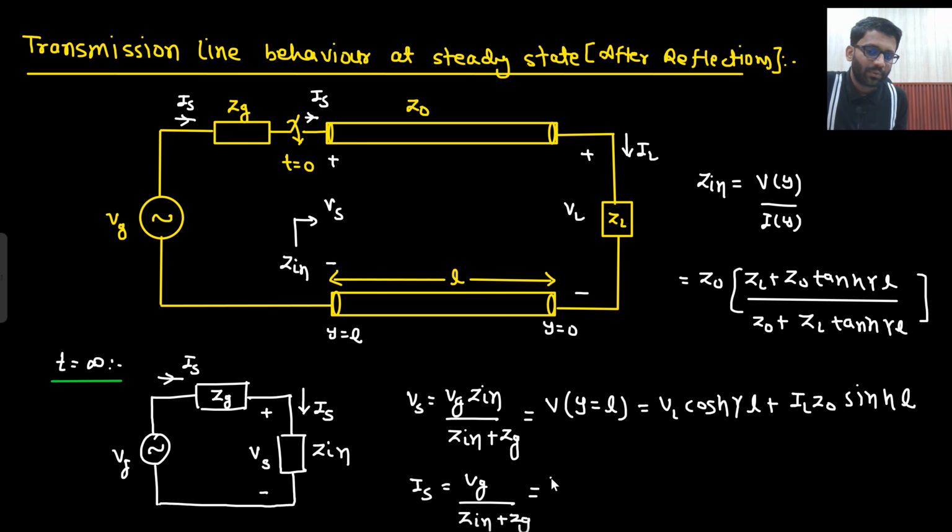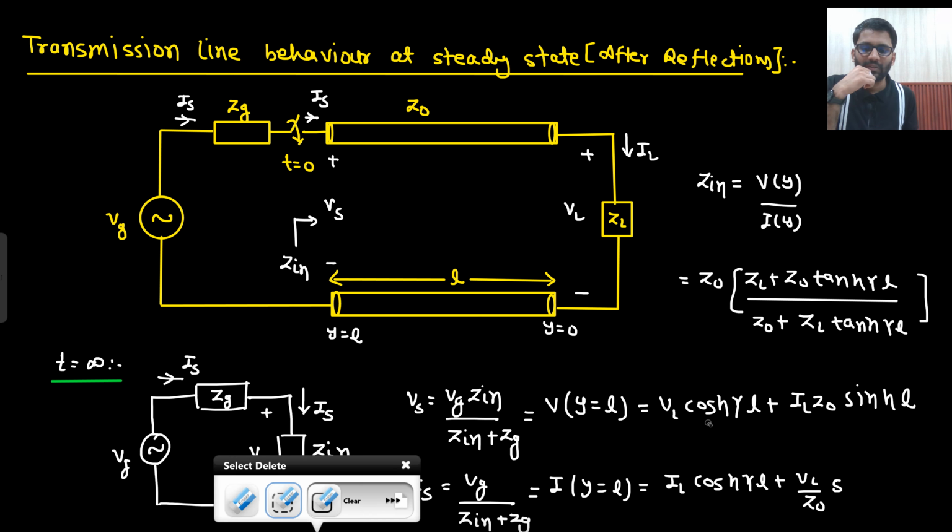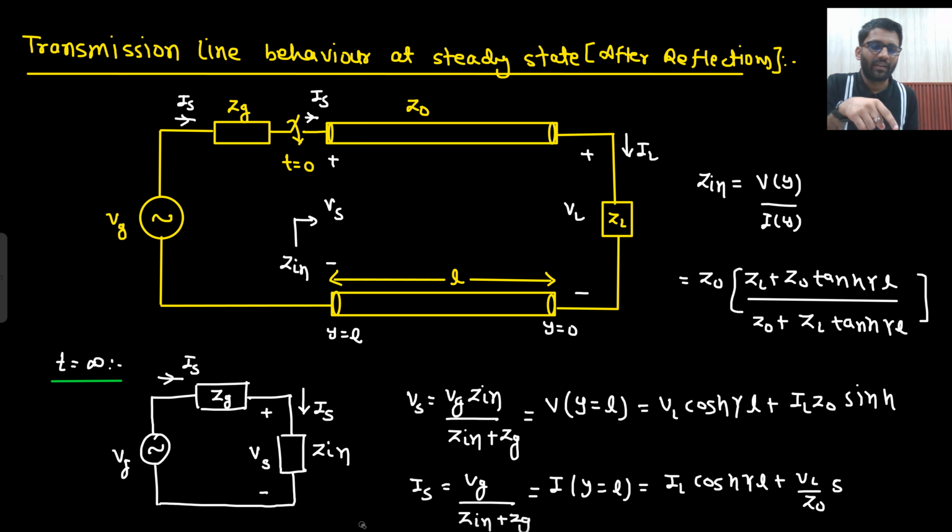And that would be equal to I when y equals L. So IL cos hyperbolic gamma L plus VL by Z naught sin hyperbolic gamma L. So this will be your Is. Are you able to understand this point? I hope this is clear.